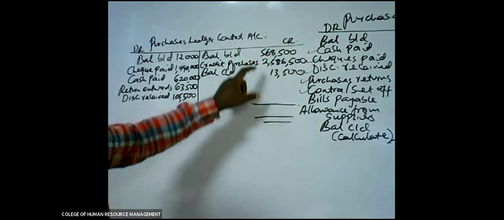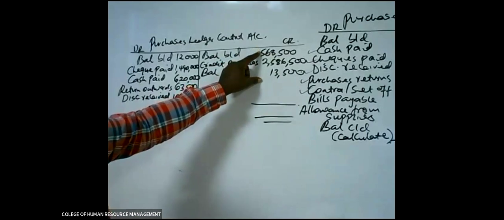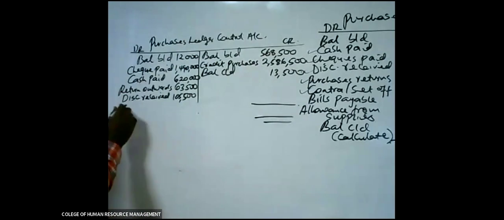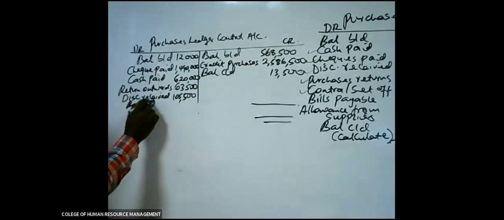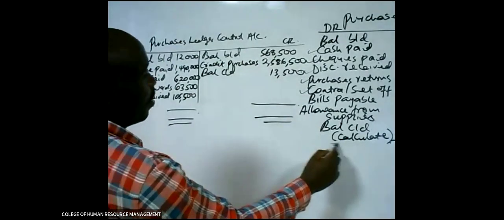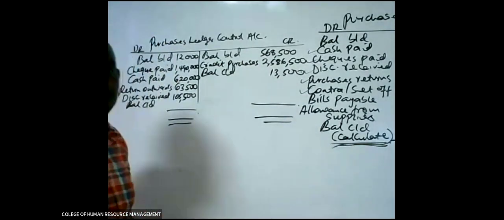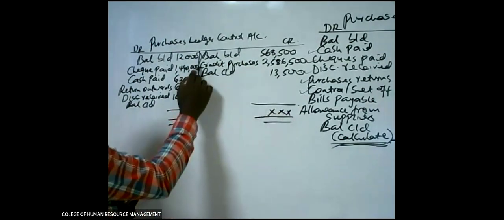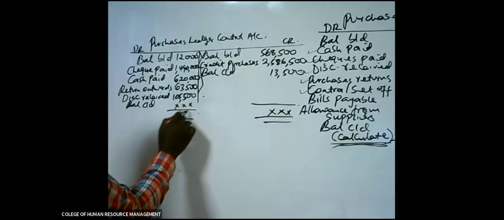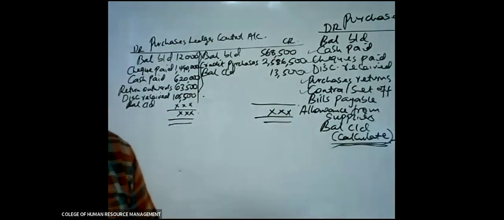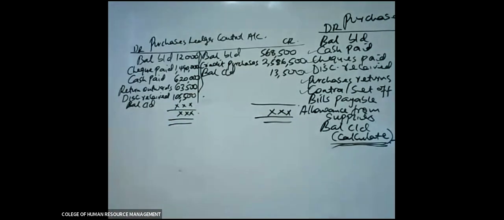For liabilities, the credit is always more. So you do the total of this side minus the total of this side, so that now you can get to a balance carried down. This one has to be calculated. And that story ends there. Add this side minus this total to get that figure. That's all. Very simple and very fast.